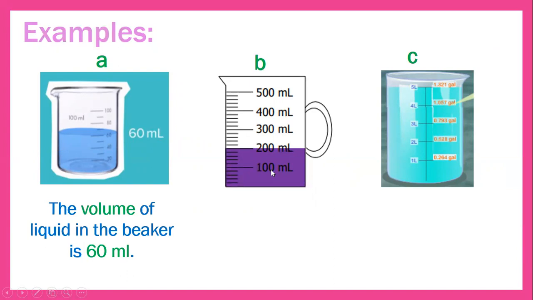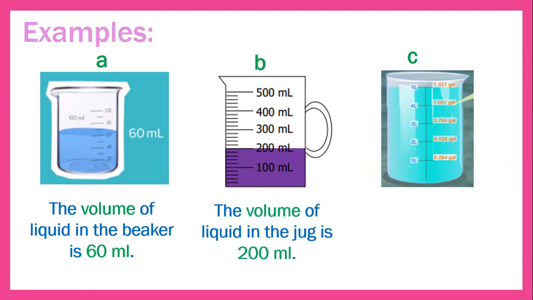Next example. We have 200 ml of liquid inside the jug. And we can tell that the volume of liquid in the jug is 200 ml.